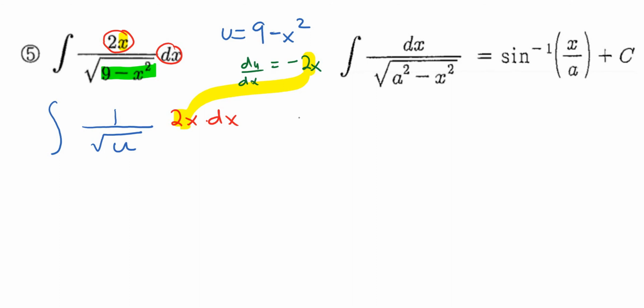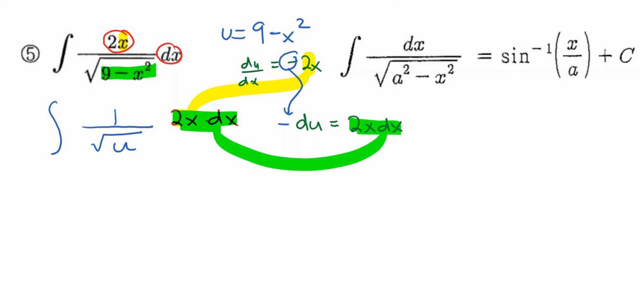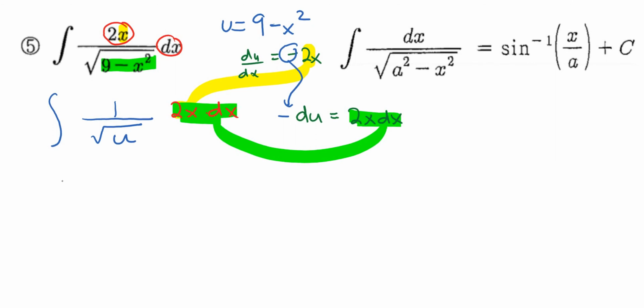So then I can just rearrange this to be du equals negative 2x times dx. And then with this minus sign here, I can just move that over here. Okay, and now I can see that the 2x here matches up exactly with that, and now I can do a u substitution there. So this is the integral of 1 over the square root of u times negative du.